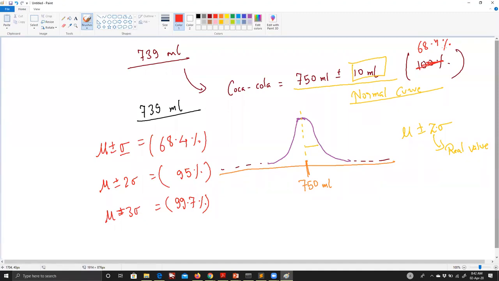So doesn't it mean that out of all the bottles manufactured by Coca-Cola, because it's a normal curve, and the normal curve follows the property that mu plus minus sigma will only be 68.4%, if you are claiming 750 ml plus minus 10 ml, and you are telling me that sigma happens to be 10 ml, then only 68.4% of total bottles will follow this rule, right?